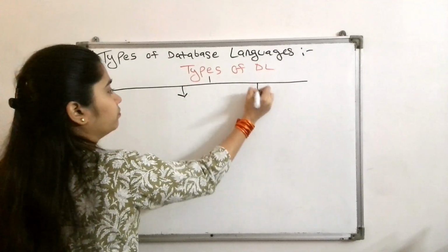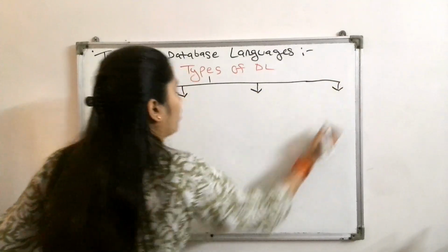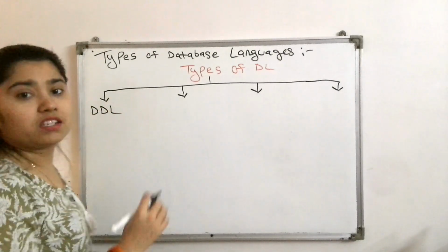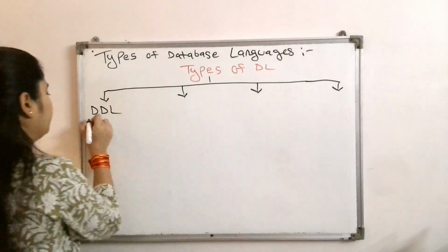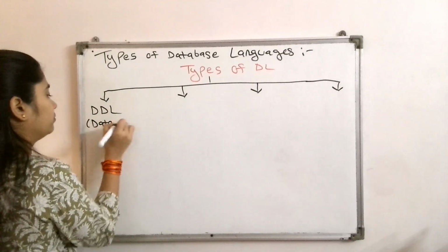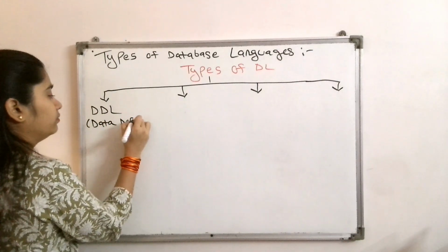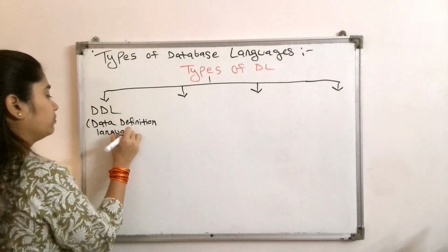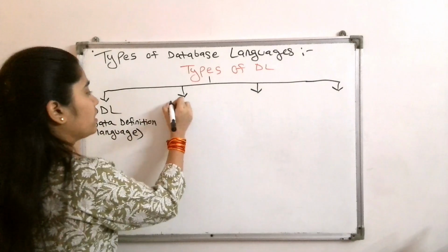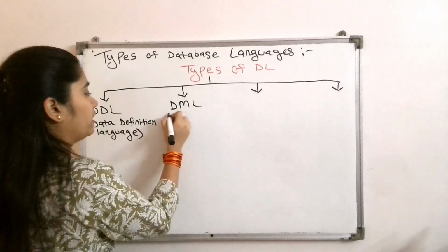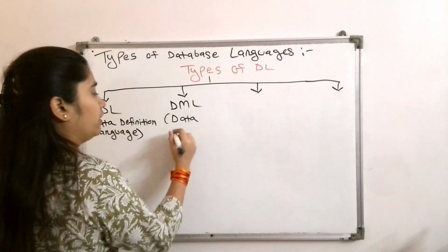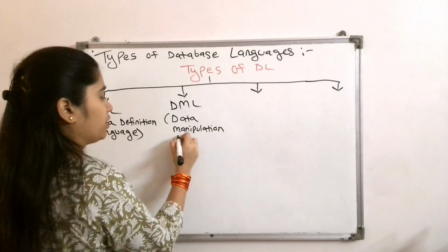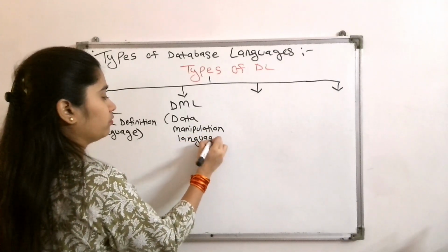We have 4 types. What are the 4 types? First is the DDL, that is data definition language. Second is the DML, that is data manipulation language.